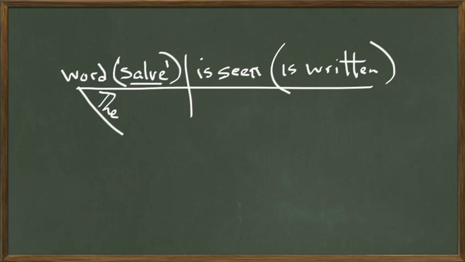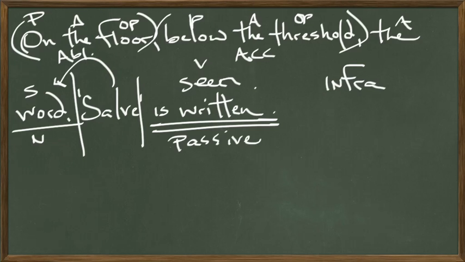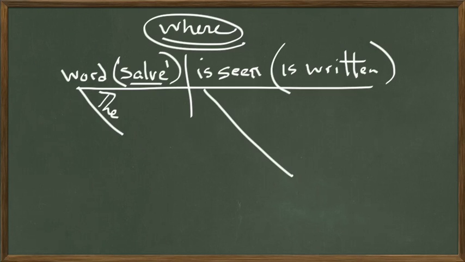Since it's seen, it's answering the question where, it's telling us where this is seen, then these prepositional phrases are actually adverbs. It is seen below, let's go back real quick, on the floor below the threshold. I didn't know which one went first, so eliminate about half of that. It is seen on the floor.